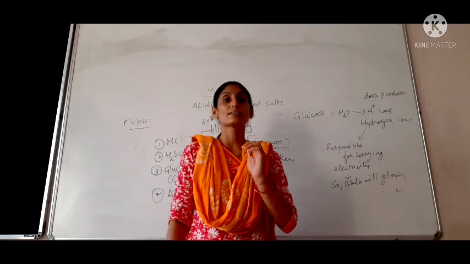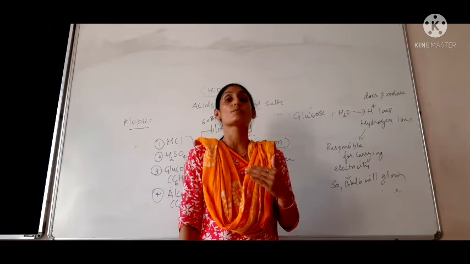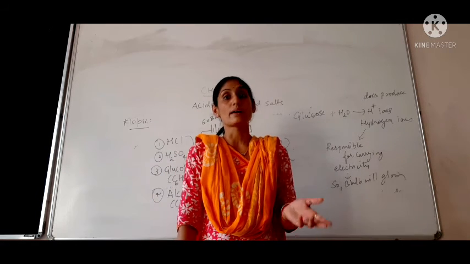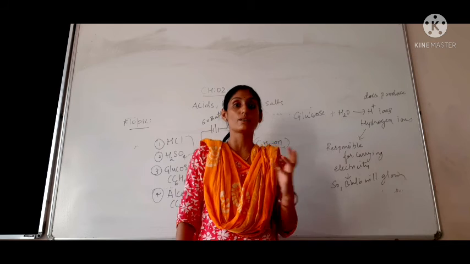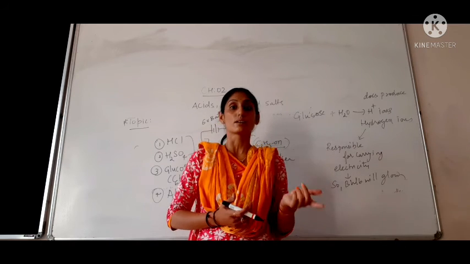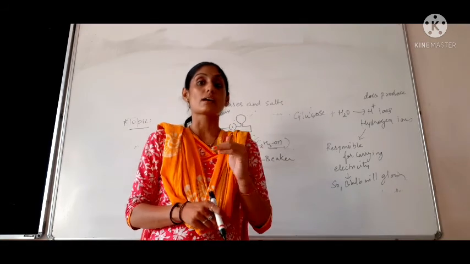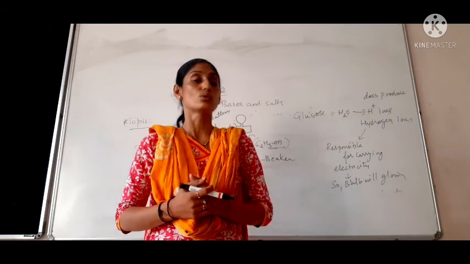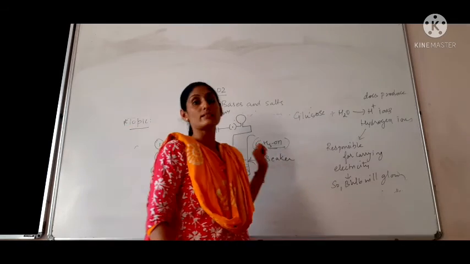Whenever acids are dissolved in water, they produce H plus ions, which are responsible for carrying electric current, and due to that they conduct electricity and the bulb will glow. But glucose and alcohol, though they contain a large number of hydrogen atoms, dissolve in water without producing hydrogen ions. So the bulb will not glow in the solution of glucose and alcohol.